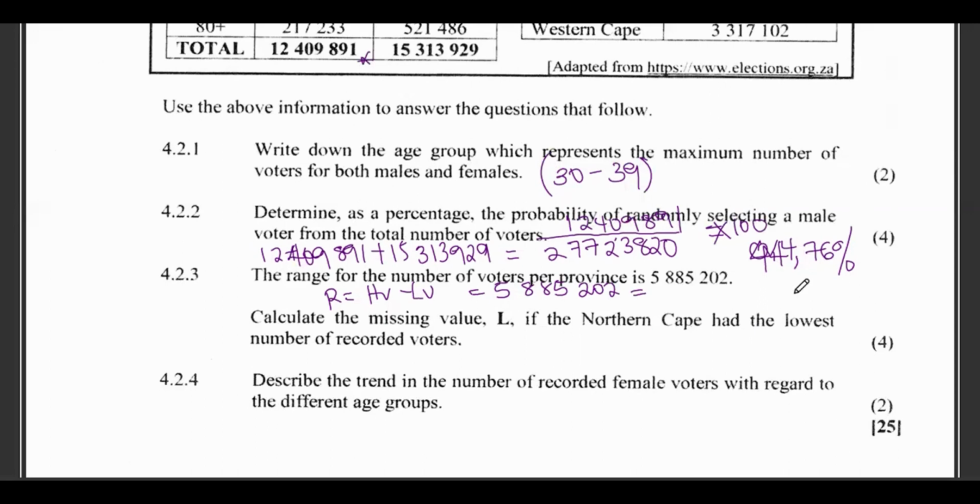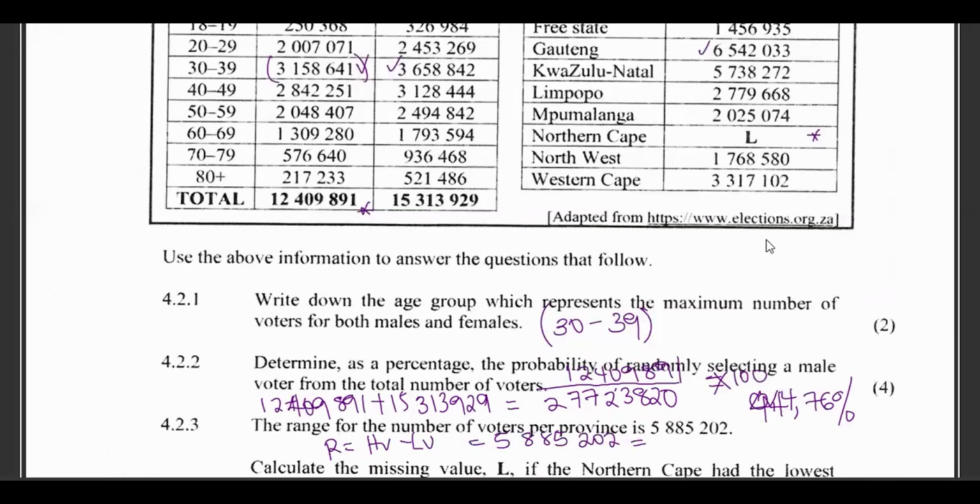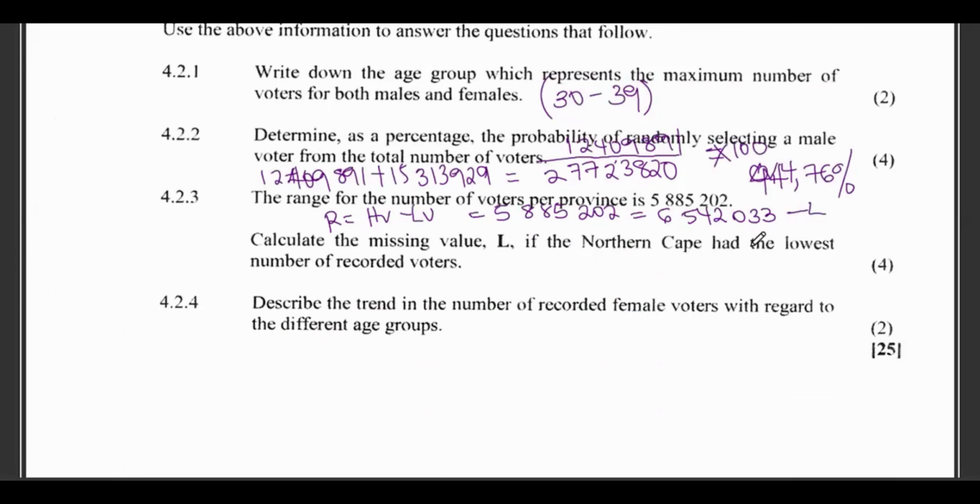So let's go and look for the highest value here. And this value that you know you're looking for, this is the lowest, the L. So what's the highest? It's this one here, 6,542,033. They subtract the lowest and they got their answer as that much. You see that? So the range will come in and the L will come out.